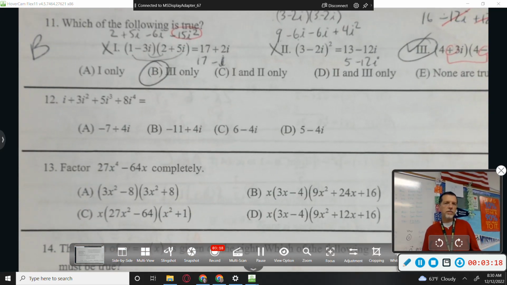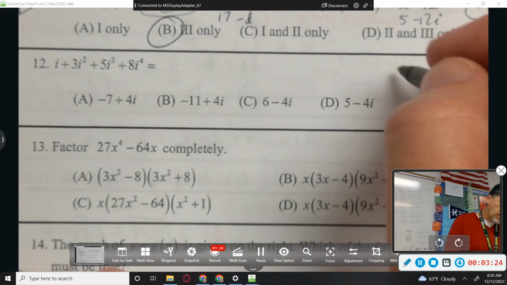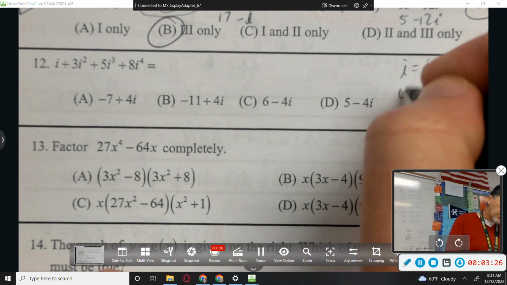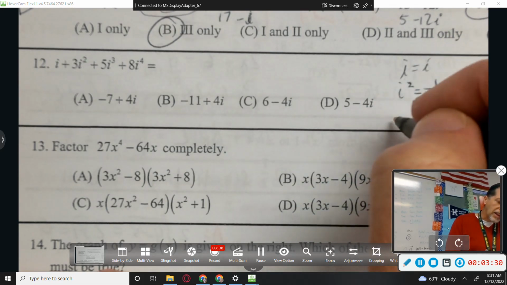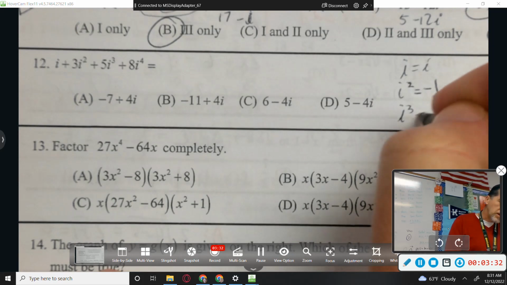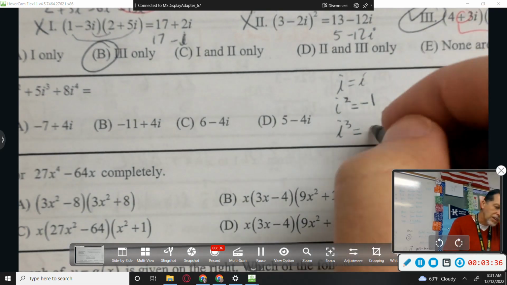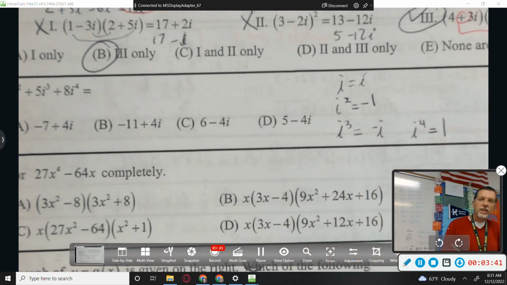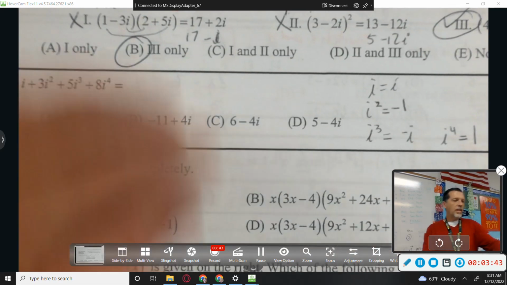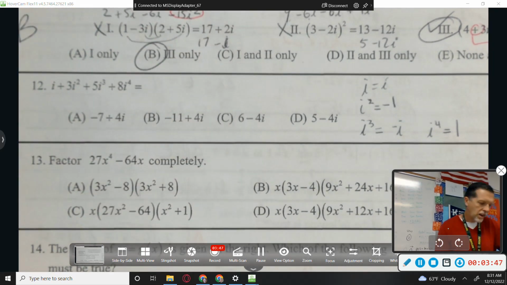Number 12. Ooh, powers of i. So i is just i. What's i squared? Negative 1. We just did that. How about i cubed? Negative i, because that's multiplying those two together. And i to the 4th is 1. So that's a tricky way to test that you know those powers of i.